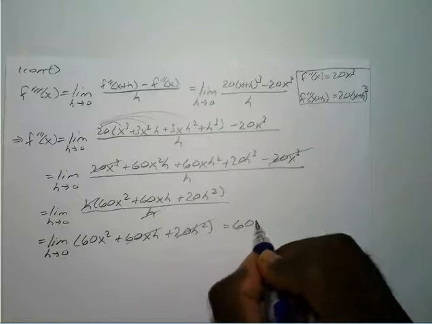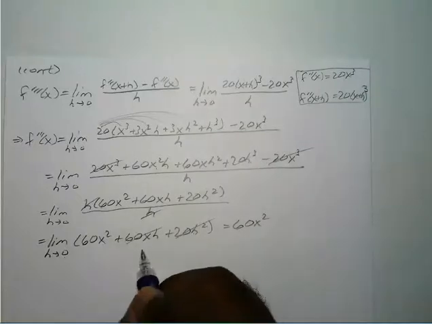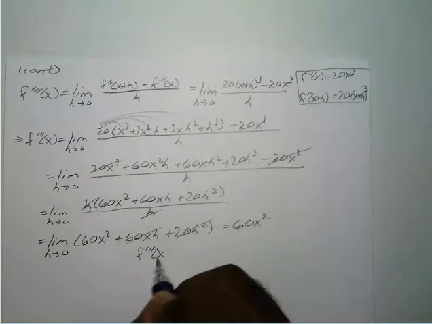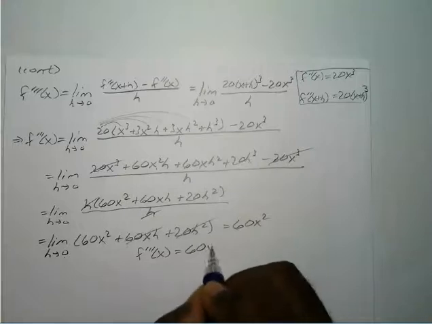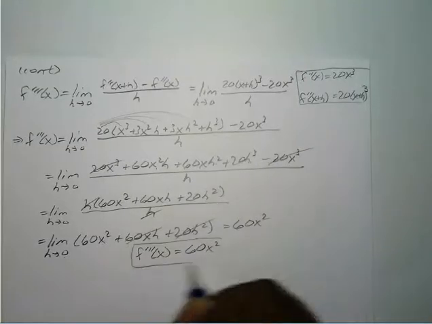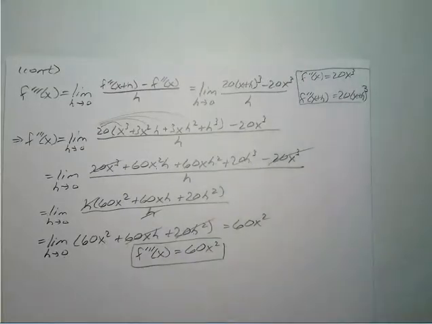So you're left with 60x squared. So our third derivative equals 60x squared.